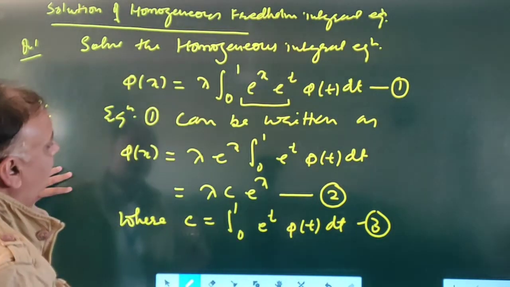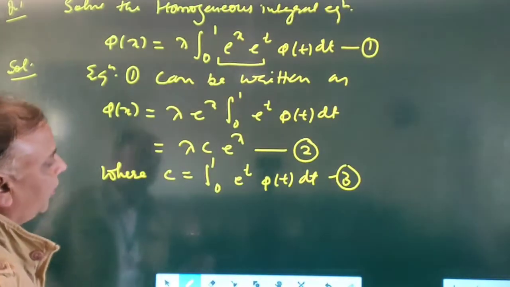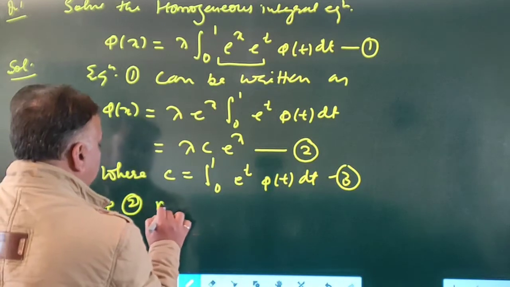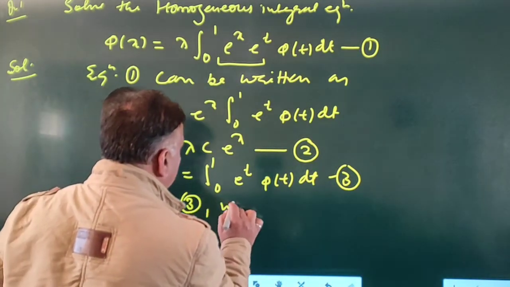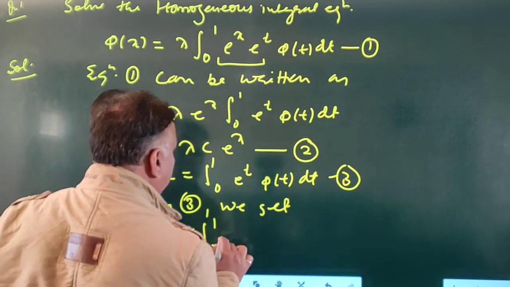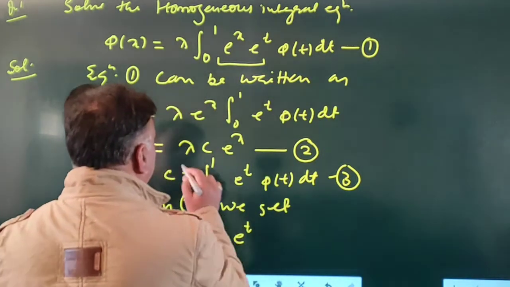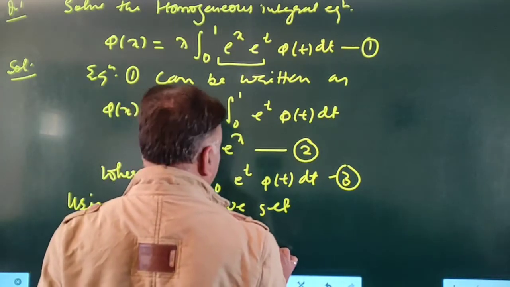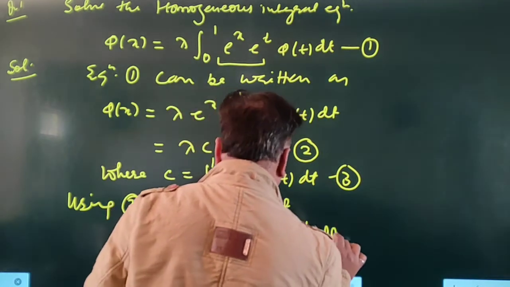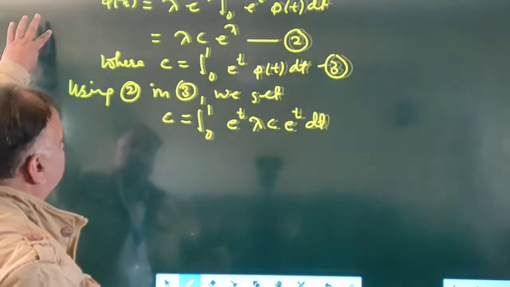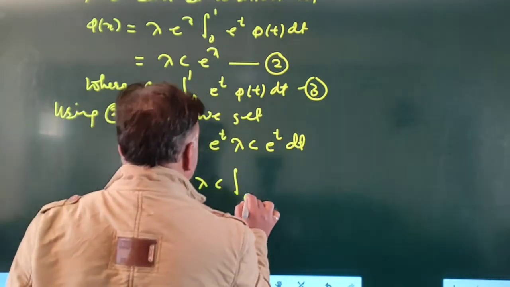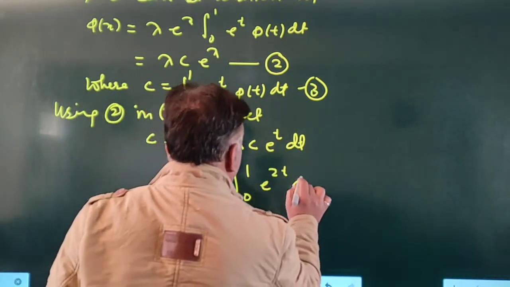Putting the value of phi t from 2 into 3, we get c is equals to integral 0 to 1 e raised to t phi t, which from equation number 2 is lambda c e raised to t dt, or we can say that c is equals to lambda into c integral 0 to 1 e raised to 2t dt.